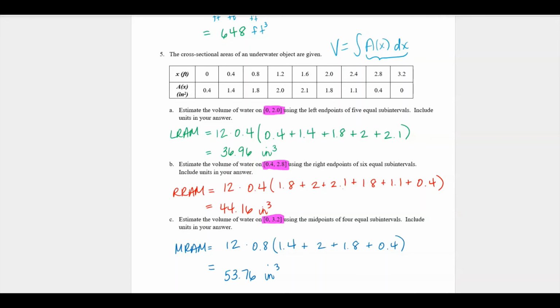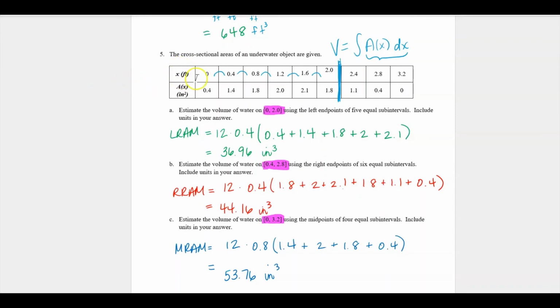So for letter A, we have 5 equal intervals on the interval from 0 to 2. We're using LRAM, and the width is 0.4 for every single one of these. And if you notice also that first row is in feet, and the areas of cross sections are in inches squared. So we want to make sure that our units are consistent.